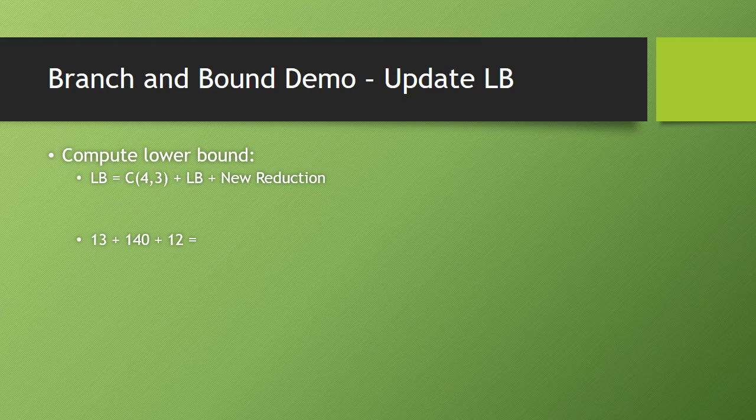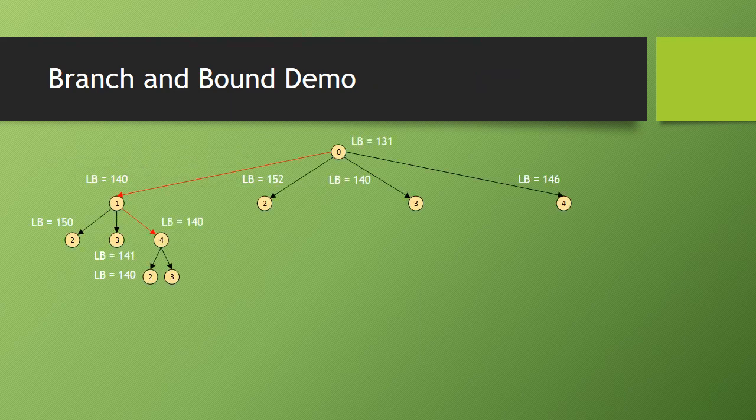And it looks like we definitely don't want to go this way, as we get a total cost of 165 for our lower bound. So looking at our tree, from city 2, we're still less than or equal to any of the remaining lower bounds. So we're going to expand this to our one remaining city, which is city 3.